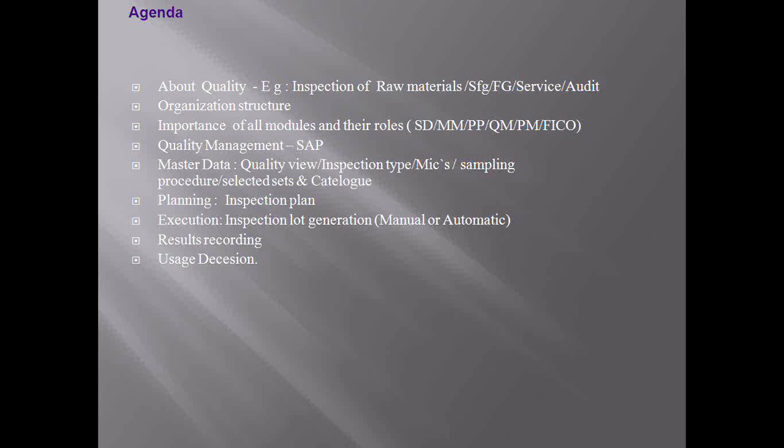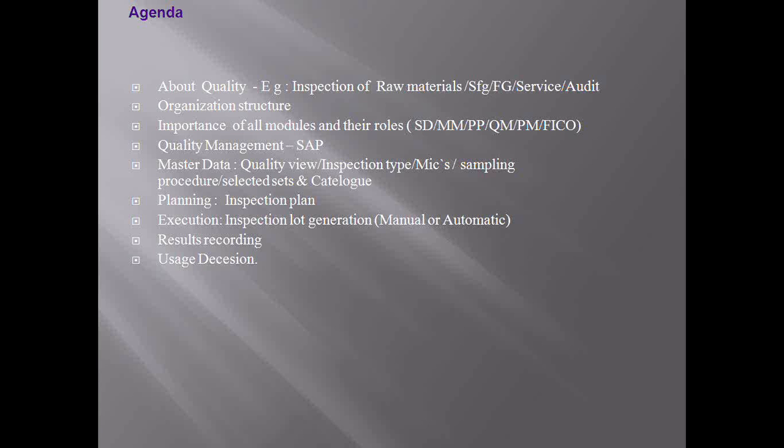Now the organization structure, importance of all modules and their roles: SD, MM, PP, QM, PM, FICO, and quality management in SAP will have master data, that is the quality view. Whenever we are creating a material master, we have to choose the quality view, and we have to set an inspection type, whether it is incoming, in process or final.